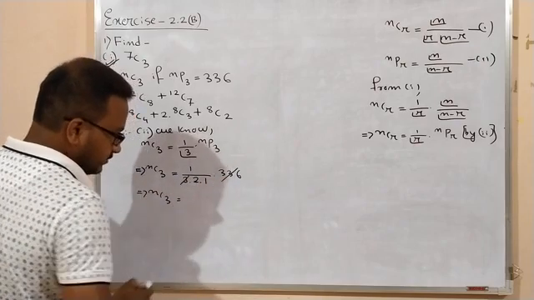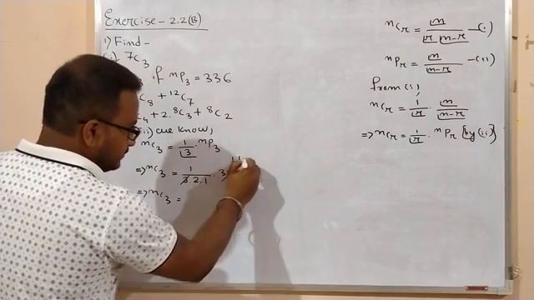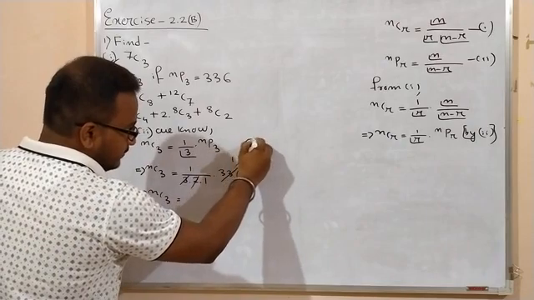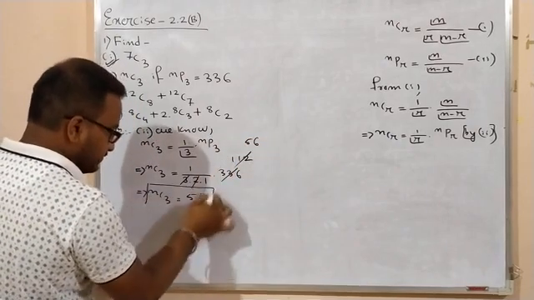If you cut it, you will get 1, 1, 2, and again 2, 56. So your NC3 is nothing but 56.